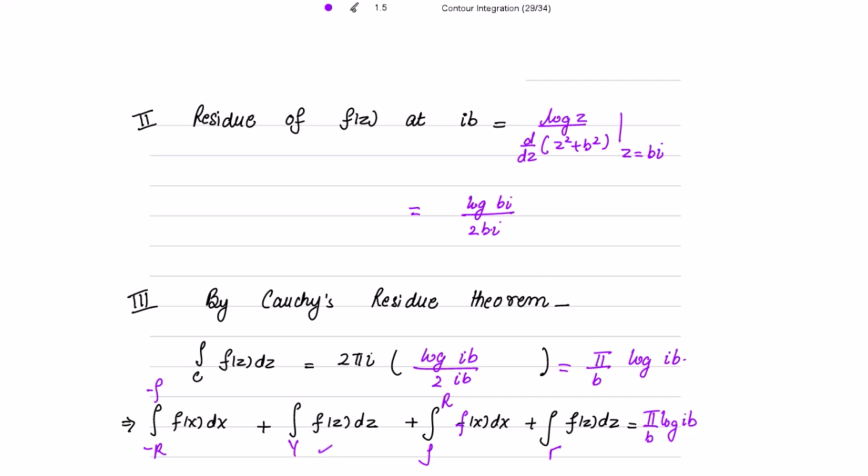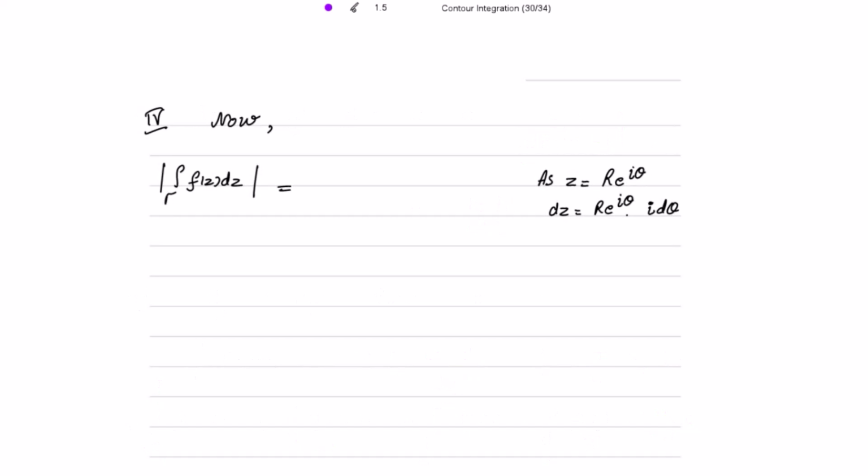So we have to calculate this, and the integral over tau always comes out to be 0. So now we are interested to find the integral over tau, and I'm taking the mod because there is log present in the numerator, so we have to find the absolute value of this integral.